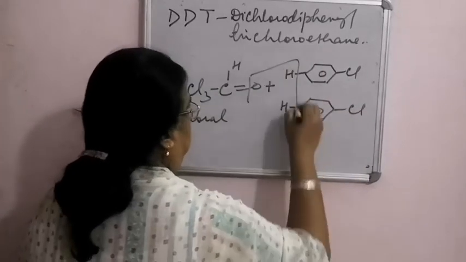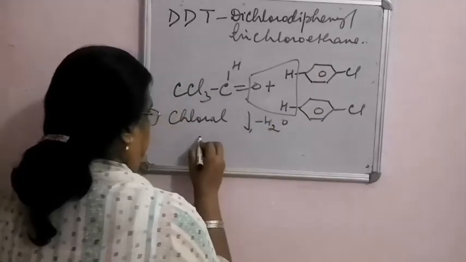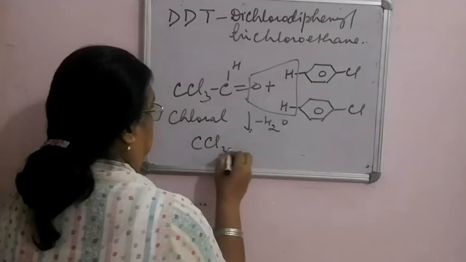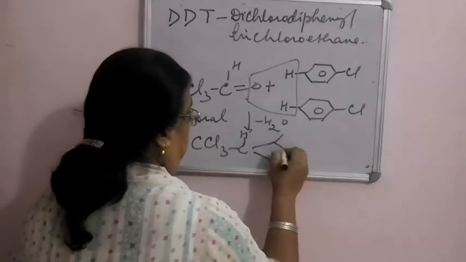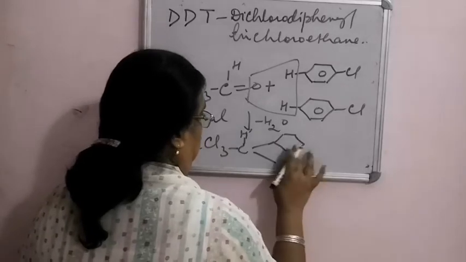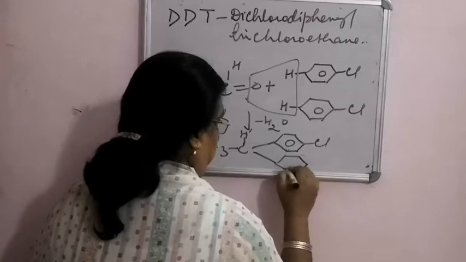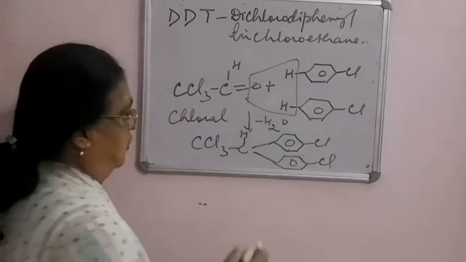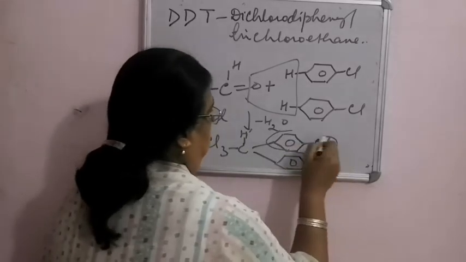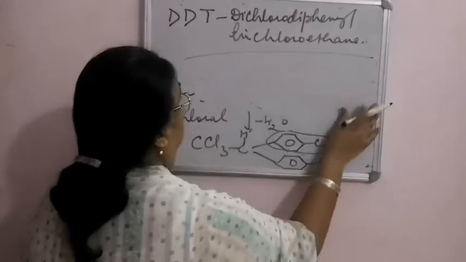So water is out, H2O is out, and you write the remaining part. CCl3, CH, 1 bond here, 1 bond here, Cl, Cl. So IUPAC name, if you look for this name, this is the name, no common name.